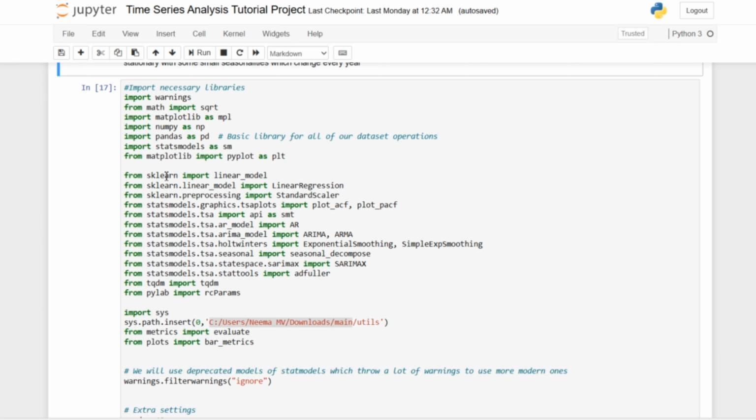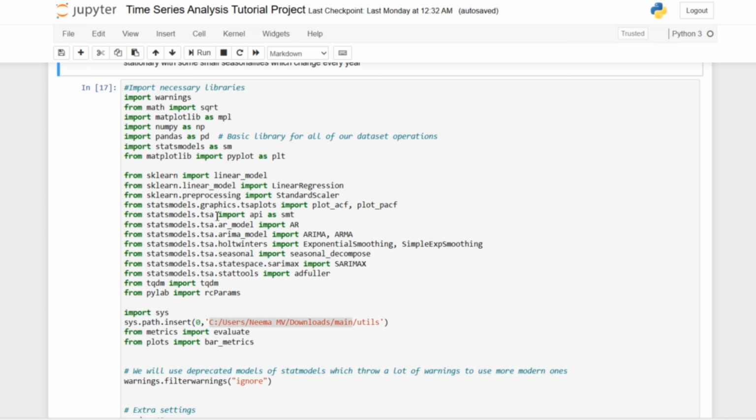We have also called linear models, which is linear regression, the reason being we are plotting the trend to understand how the trend goes. So that's why we have linear regression and preprocessing with standard scaler.